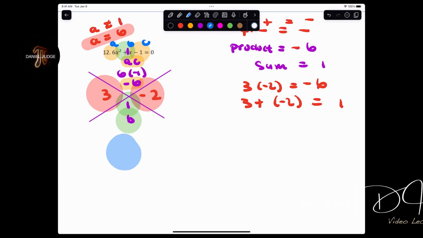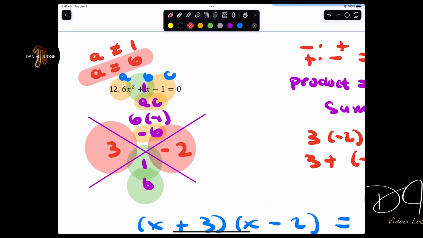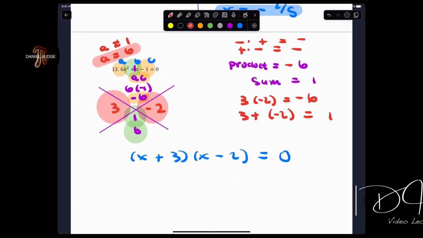So we're going to continue to complete our factoring technique, the crisscross method. x plus 3 times x minus 2, and because A here, ladies and gentlemen, is 6, we're going to divide both of these numbers found by that 6. 3 and negative 2, divide them both by 6.